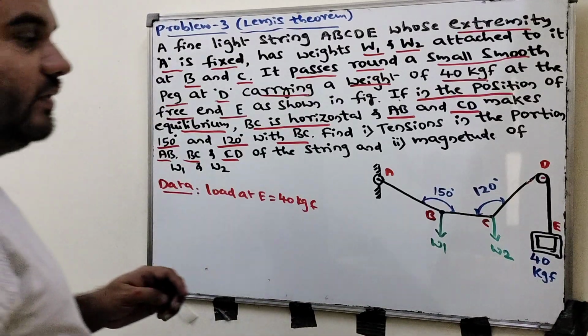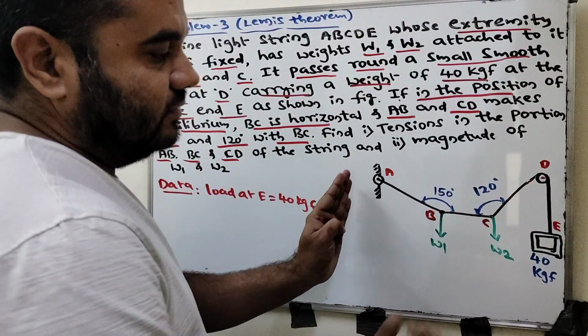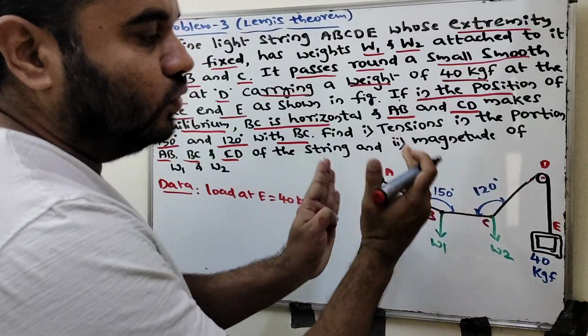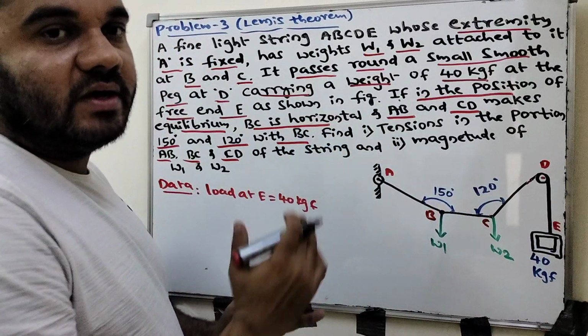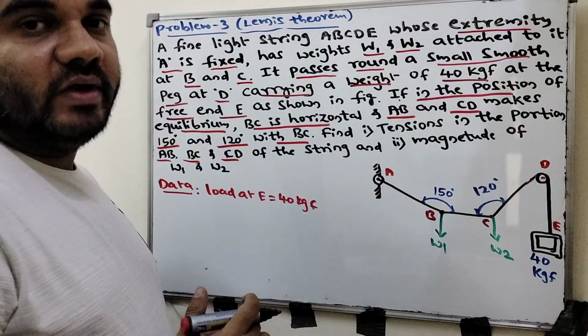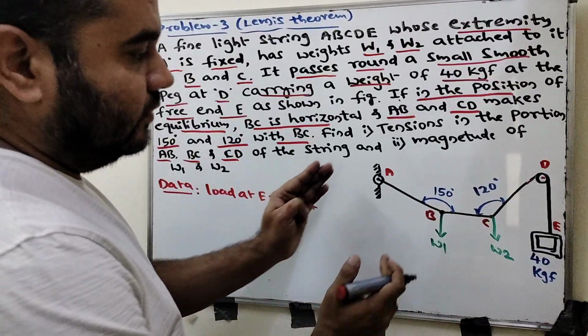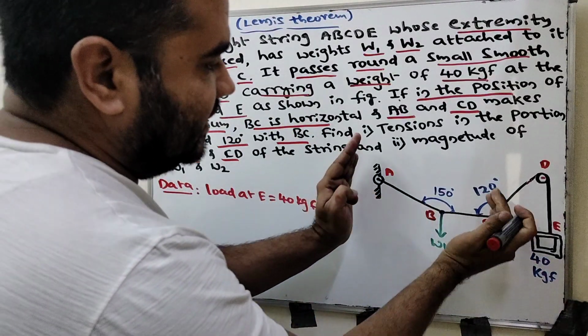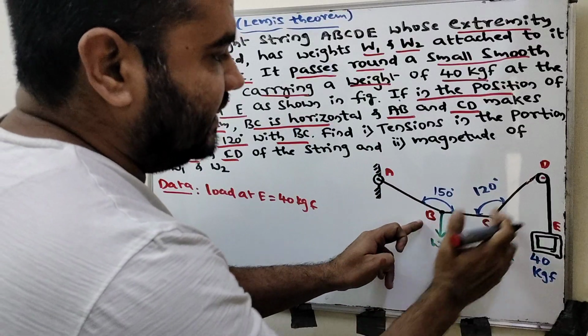Next, for convenience, we will split the whole diagram into two parts and analyze them one by one, so that it is easy to find the unknown values. First we'll split A, B, C as one portion. Next, B, C, D is one portion.